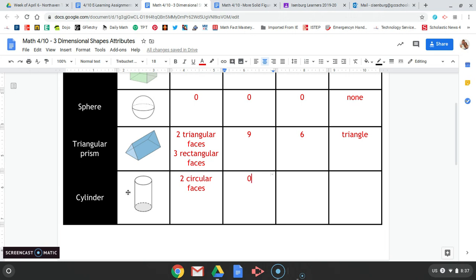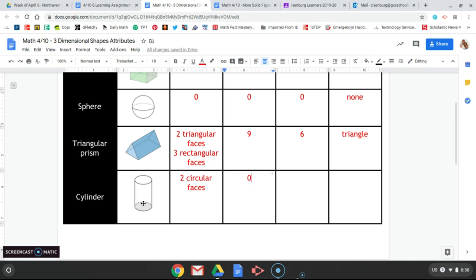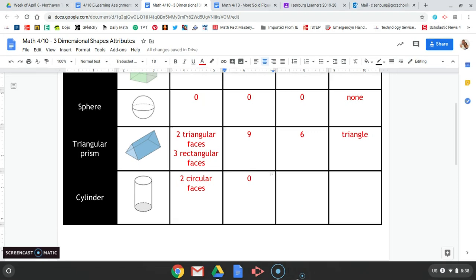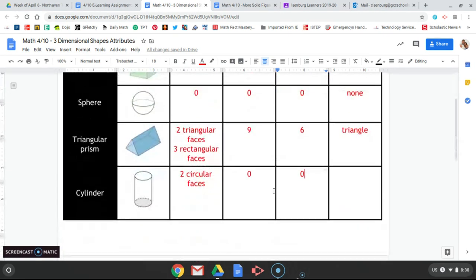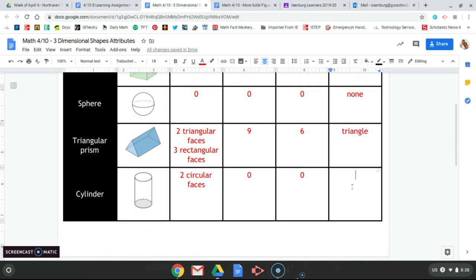And since the cylinder does not have a place where flat parts touch each other, because the only flat parts are on the top and on the bottom, there technically are no edges, okay? And then vertices, there are no vertices either, and that's because the shape of the top and bottom are circles, so there's no points, okay? And then the base of a cylinder is shaped like a circle.